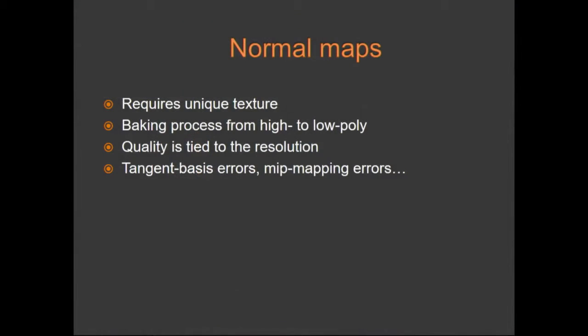And that's all nice, and normal maps are extremely useful, but they have their own problems when it comes to production. First of all, they usually require a unique texture for each asset to work properly. There are workflows to reuse normal maps, but generally you need a unique texture. There's the baking process from high to low poly models, which can be time-consuming and overall quite exhausting.